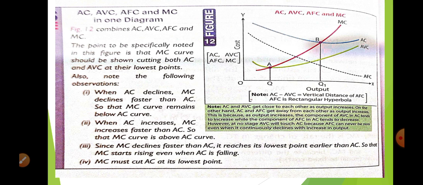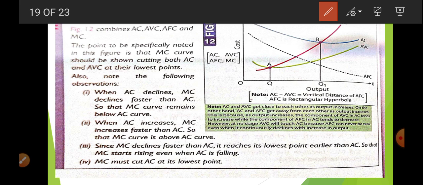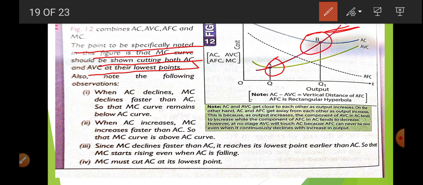Now, what is written here? You can see that this is your MC curve. It is intersecting the AC curve at its minimum point. The point to be specially noted in this figure is that the MC curve should be shown cutting both the AC and AVC at their lowest points.